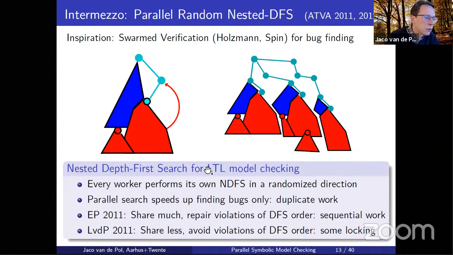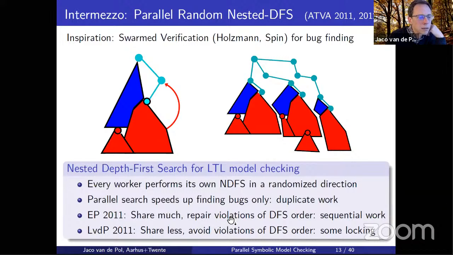And basically there were two strategies, and they were both published in the same conference, ADVA, by two different teams. So this is Alfons Laarman and me. We had a publication in this ADVA, but also Etienne Lista and Laure Petrucci had a paper in the same conference addressing the same problem, but with a different strategy. And their strategy was to share a lot of information, and then the algorithm would not be correct.